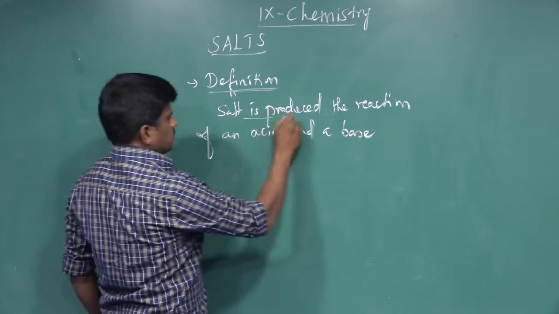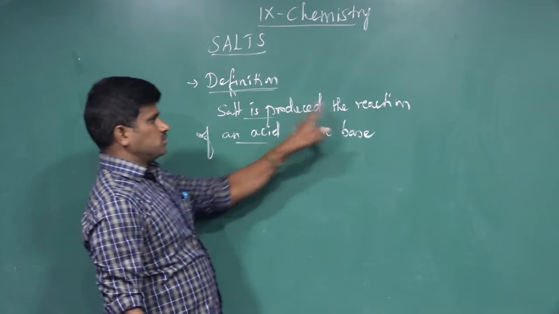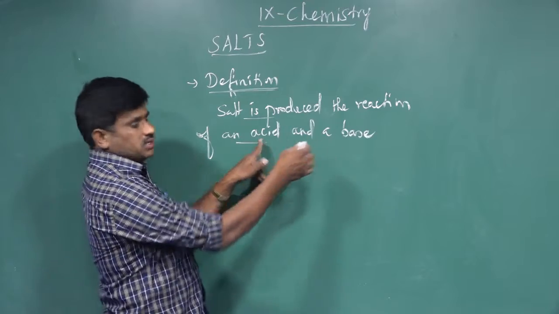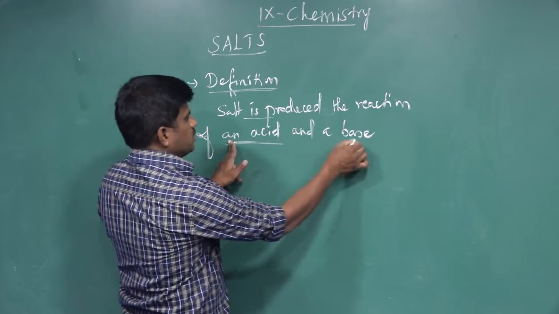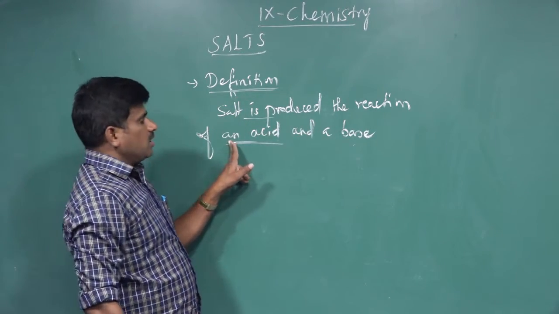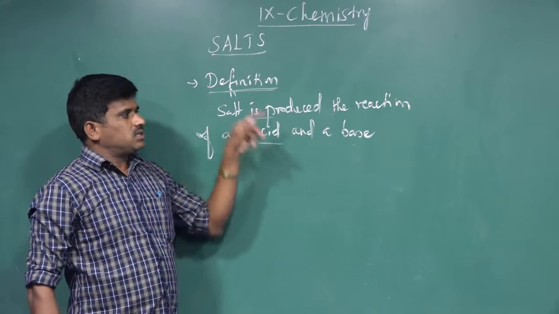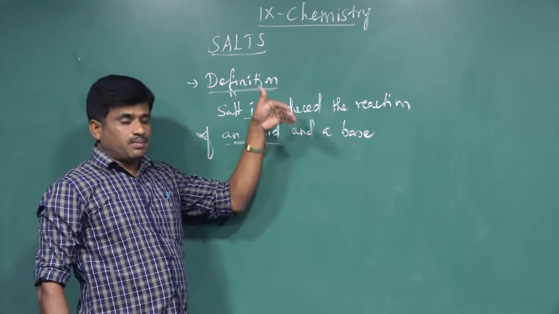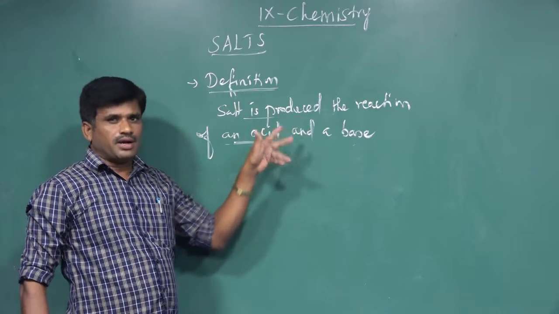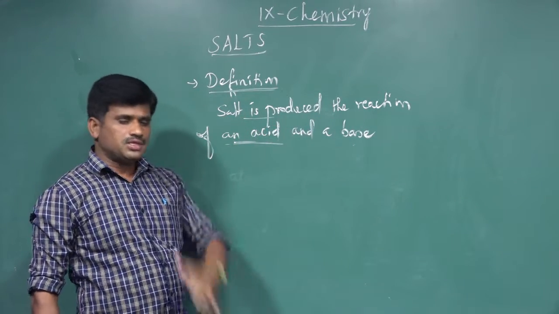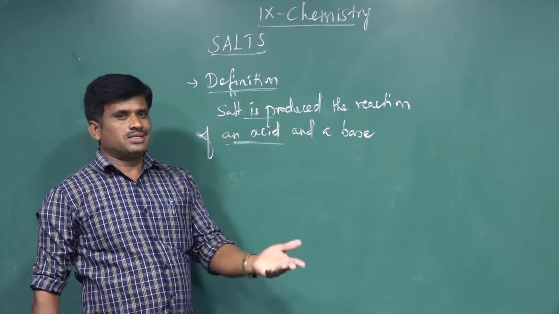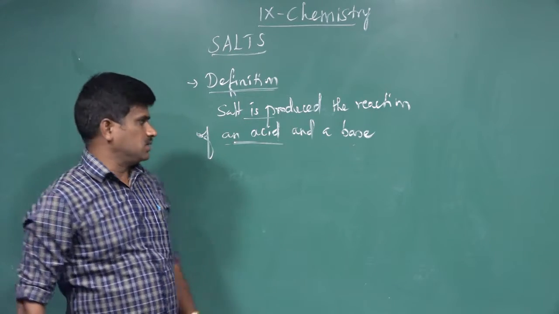This is the definition of salt. In the reaction between an acid and a base, the salt is the product. One byproduct is also obtained, and the name of the byproduct is water. You have commonly learnt this in your lower classes, 7th and 8th standard.